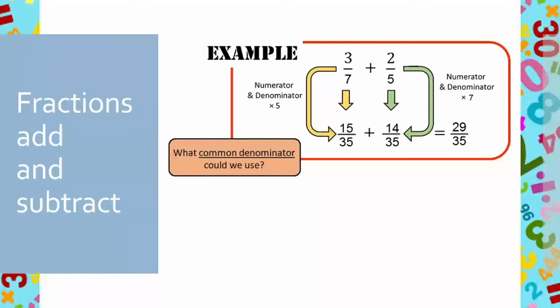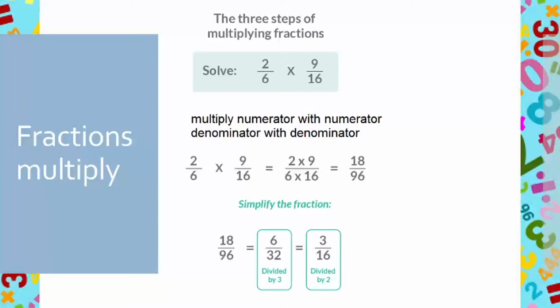And when you add them, you keep the denominator 35, and 15 plus 14 you have to add to make it 29. This is how an example question of fractions addition and subtraction will be solved. Since the procedure is the same, you have to equalize the denominator, but at the end the fractions you have to subtract.